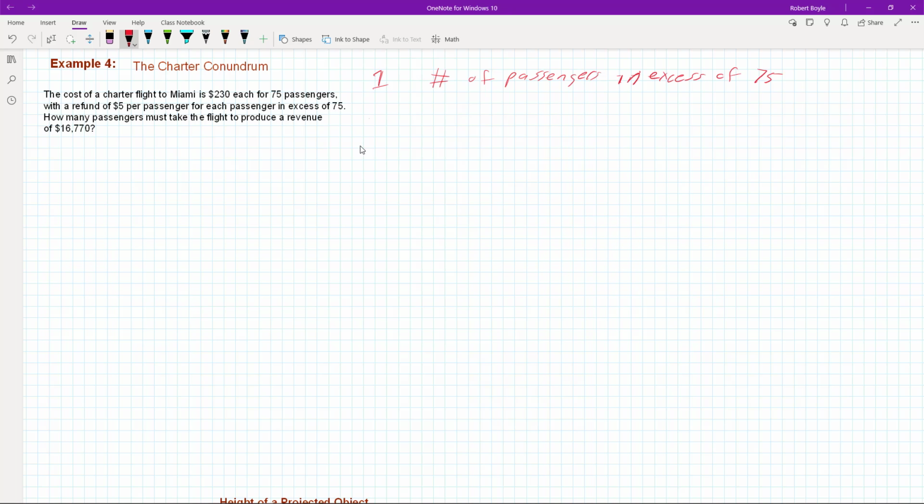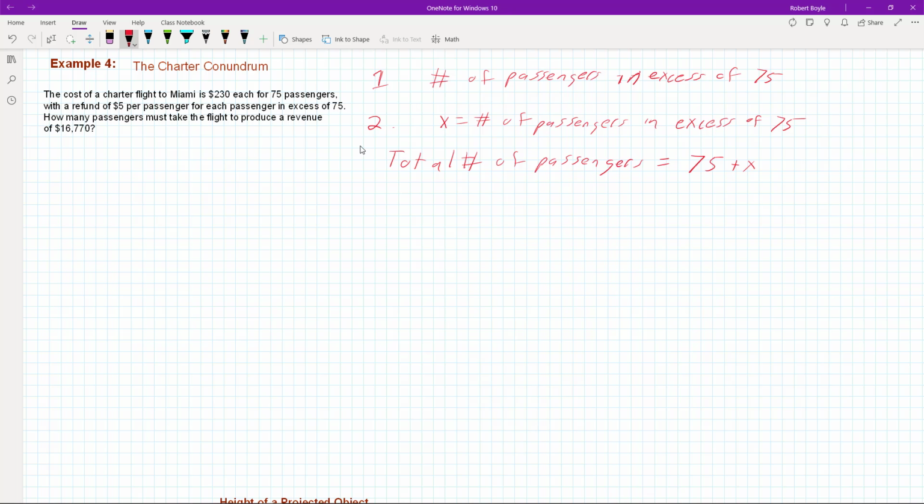What do we do for step 2 for assigning a variable? Well, how about we let x be equal to the number of passengers in excess of 75. If that's the case, then the total number of passengers is going to be equal to 75 plus x. Makes perfect sense.